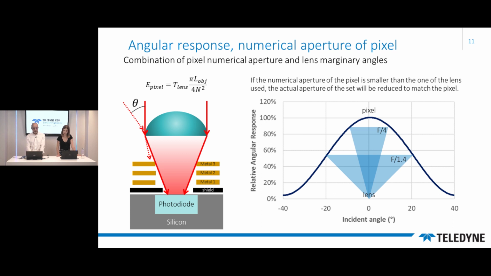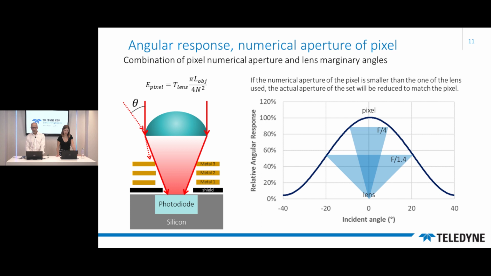So let's talk about the angular response and the numerical aperture of the pixel. The pixel and its microlens can be understood as a small first-order optical system, including a focal lens having a field of view, a pupil, and thus a numerical aperture. The numerical aperture is the range of angles over which the pixel can accept light.